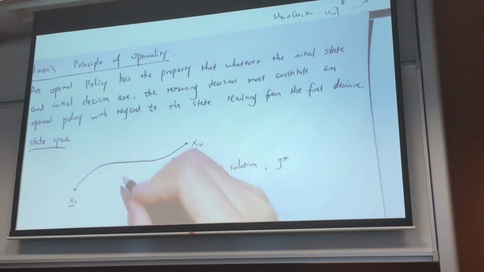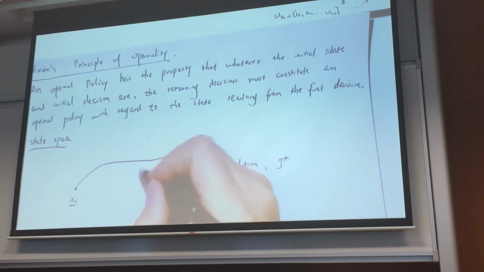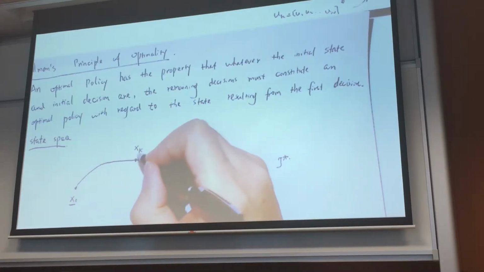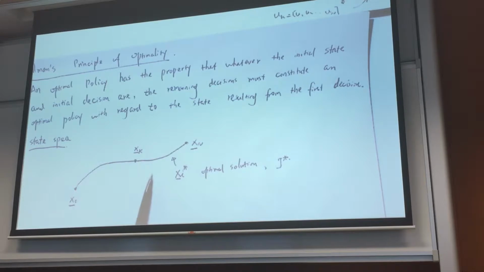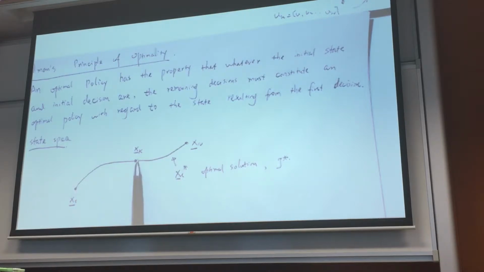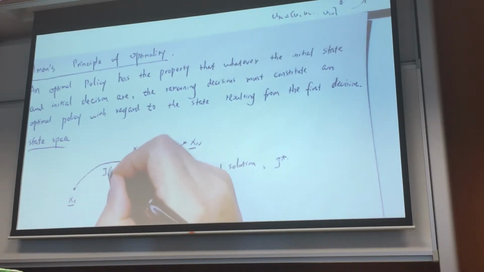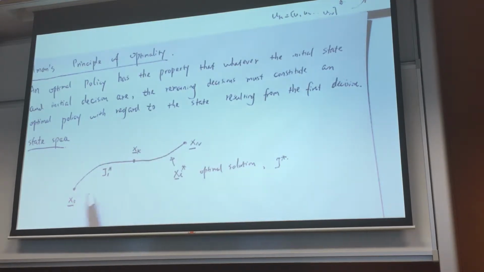If we choose an arbitrary state in between, assume we choose this xk, then the corresponding cost from x0 to xk we assume to be V1 star.